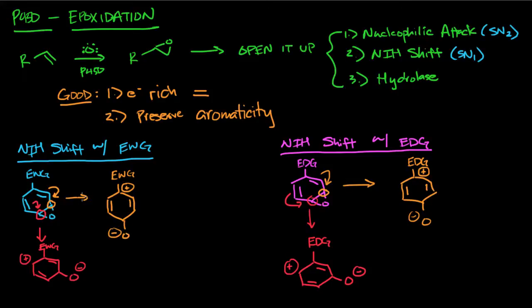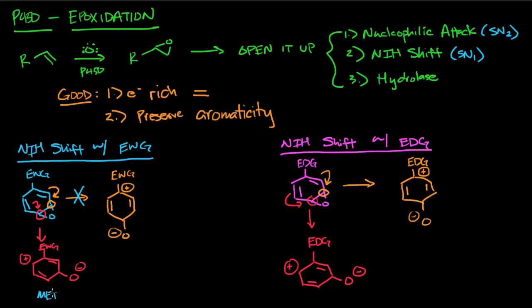Whereas if you open it up at the para position and generate a meta oxygen, when you push this adjacent double bond, you have the positive charge one carbon away from the electron withdrawing group. Still not the best option, but out of the two, it's the better option. So we're going to open up at the para position, and the OH is going to be at the meta position. That's what happens when you have an electron withdrawing group.